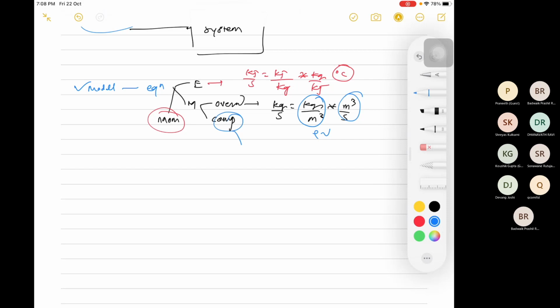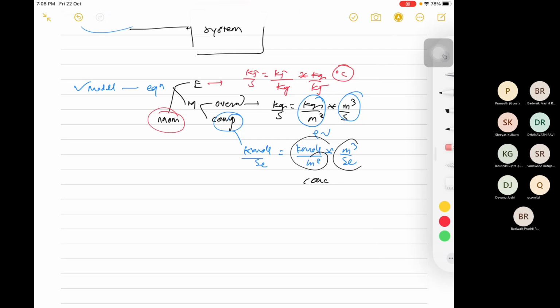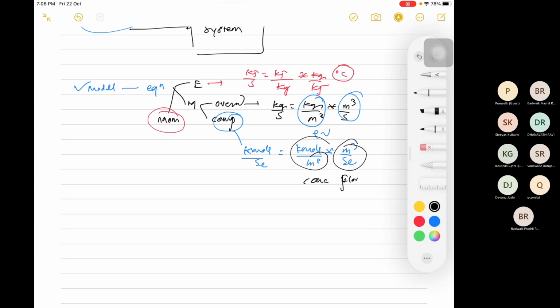And for component balance, kilomole per second equals kilomole per meter cube into meter cube per second. So you will balance concentration and volumetric flow rate, that means C into F, whichever notation you follow. And for energy it is rho V CP T. I covered this in CRE, so I will not cover it here.